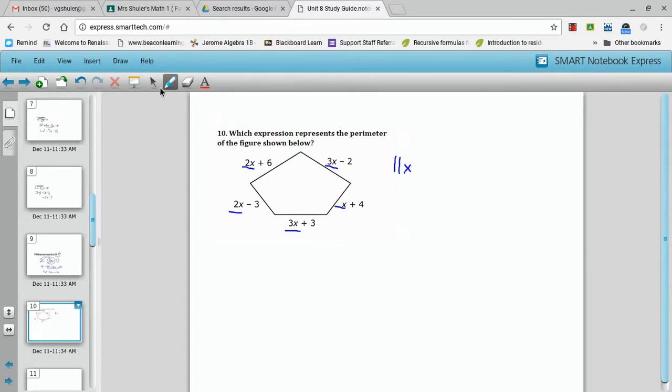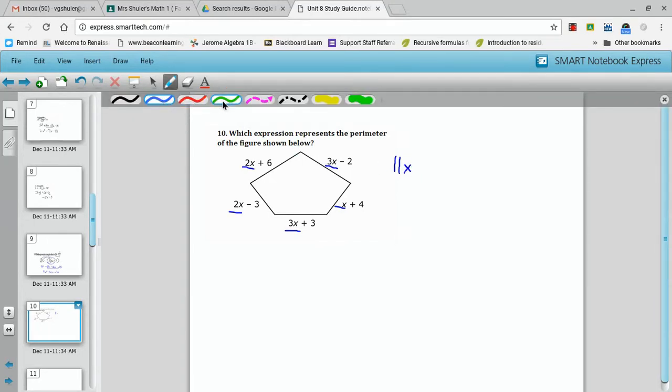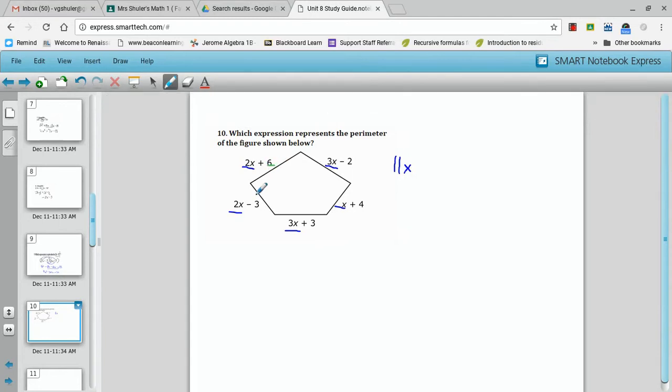Now let's do our numbers. 6 minus 3 is 3, plus 3 is 6, plus 4 is 10, minus 2 is 8. Go all the way around and add up your sides. So your final answer is 11x plus 8, not minus 8, plus 8.